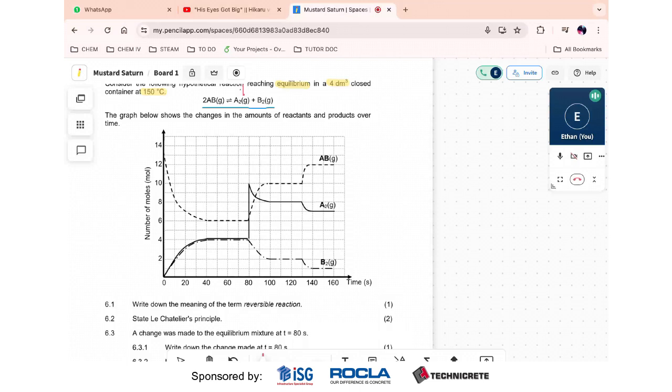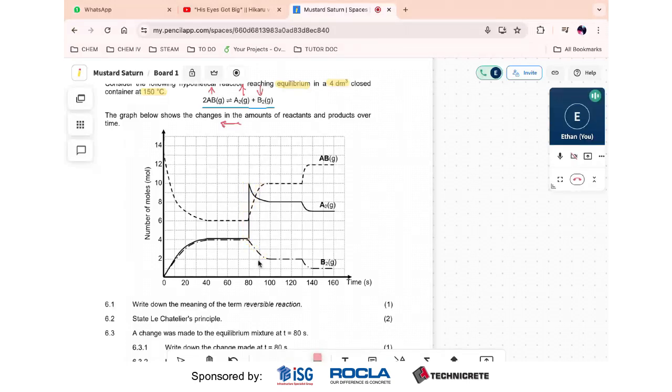So if there's more A, therefore there will be less B, and therefore there'll be more AB. So the system goes in the backwards reaction to counter the sudden surplus of A. And that's what we see here. So we see more A, less B, more AB.